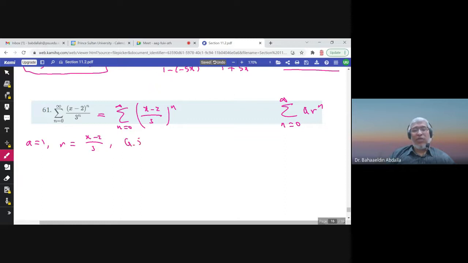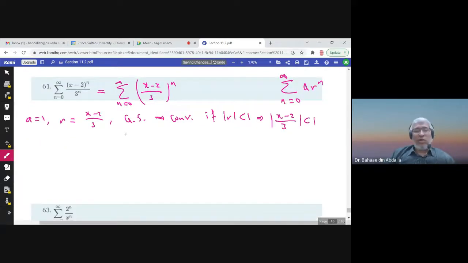It's a geometric series, so it's convergent only if the absolute value of r is less than 1, or the absolute value of x minus 2 over 3 is less than 1. Distributing the absolute value, I have the absolute value of x minus 2 over the absolute value of 3, which is 3.